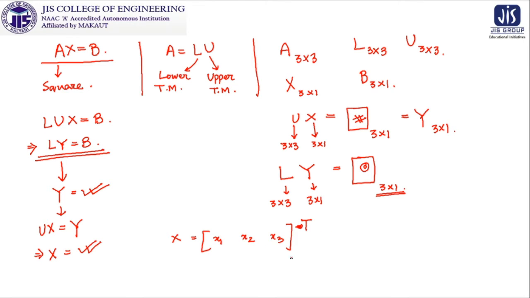It is a column matrix x1, x2, x3, and we will get my final target achieved. So this is the basic theoretical part behind matrix factorization and its application in solving a system of linear equations. Now in the next slide we are going to check how it works.